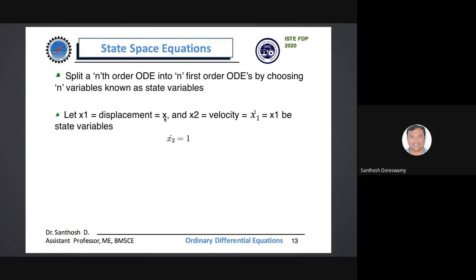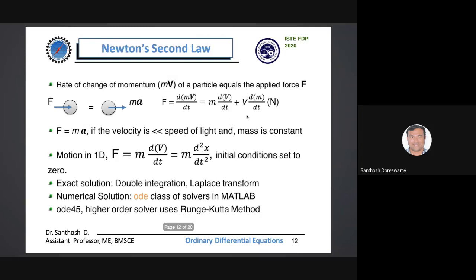Now if you go to Newton's law, with x2 equal to x1 dot, where x2 is velocity, we have the derivative of velocity, so we get m into x2 dot. Therefore this equation now becomes F is equal to m into x2 dot.